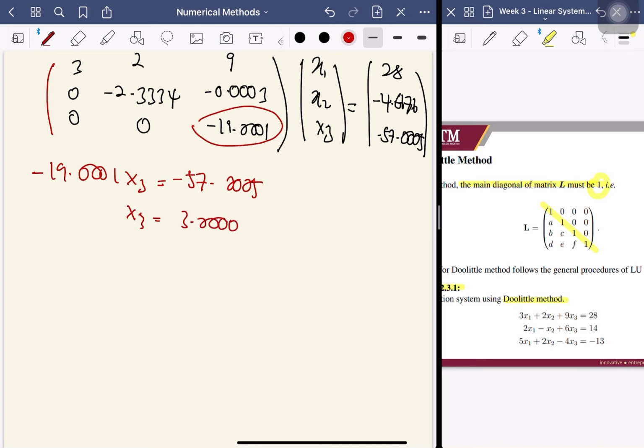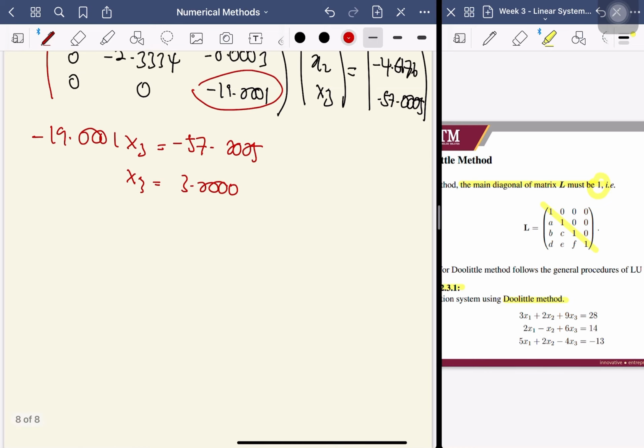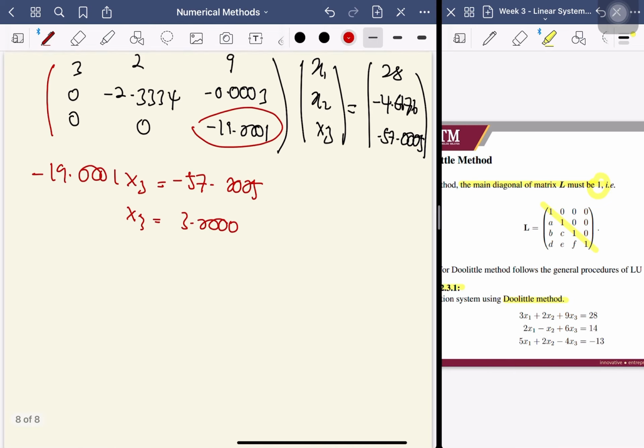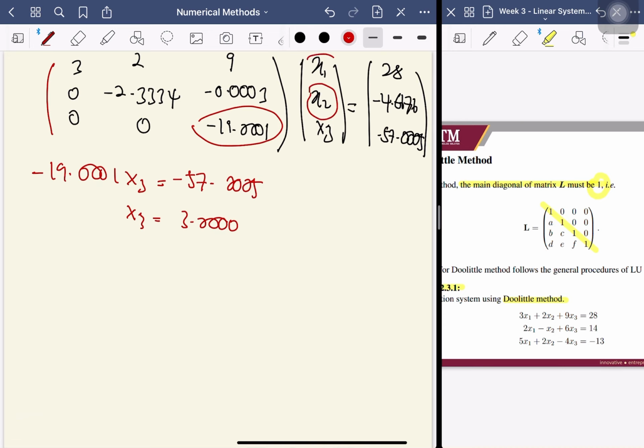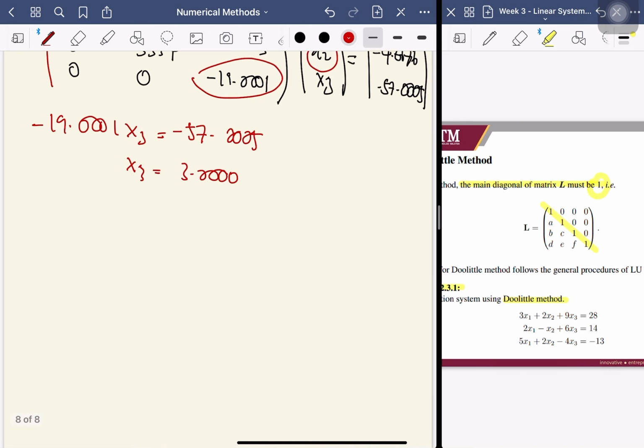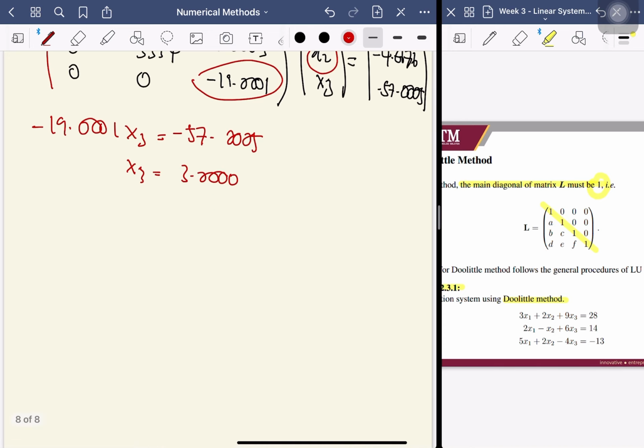You can continue getting the values of x2 and x1 using backward substitution, and you will find that the final answer is negative 1, 2, and 3. So this is the final answer.